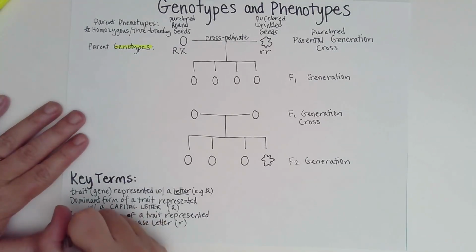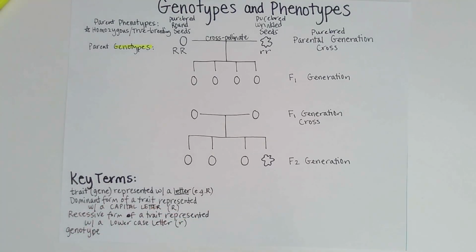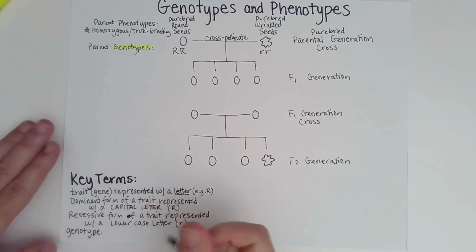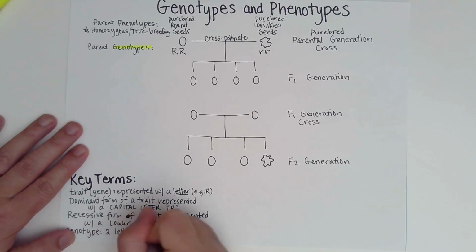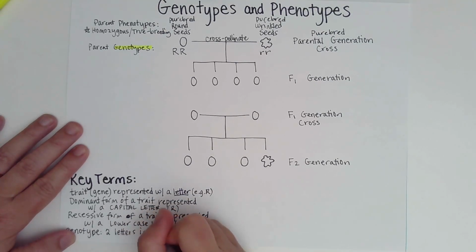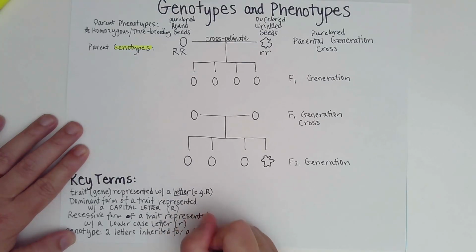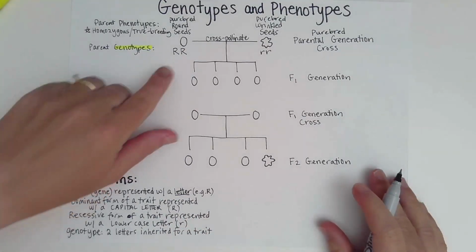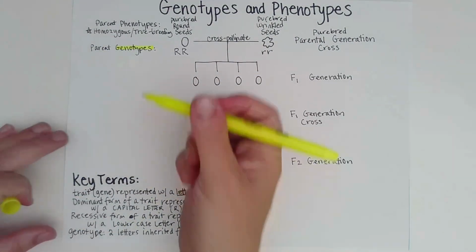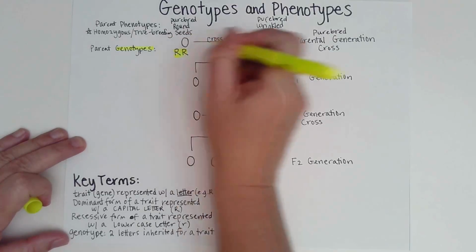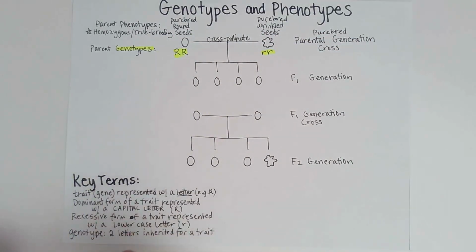And the genotype for a particular inheritance pattern is going to be the two letters inherited for a trait. So this genotype is big R, and this one's little r. Let's go ahead and highlight those also in yellow. This is a new thing for this page.